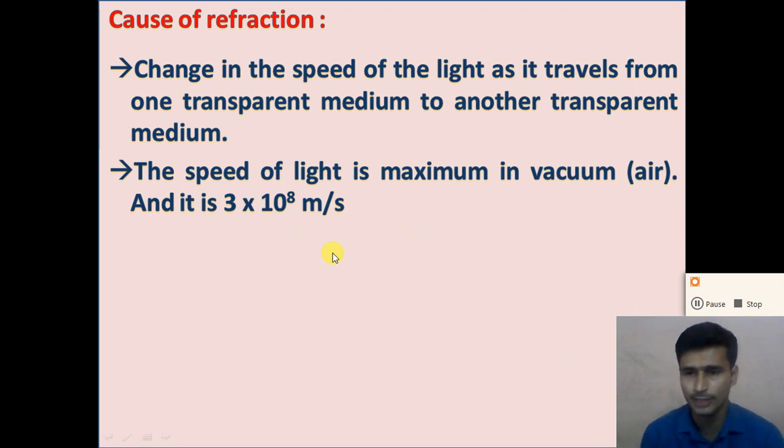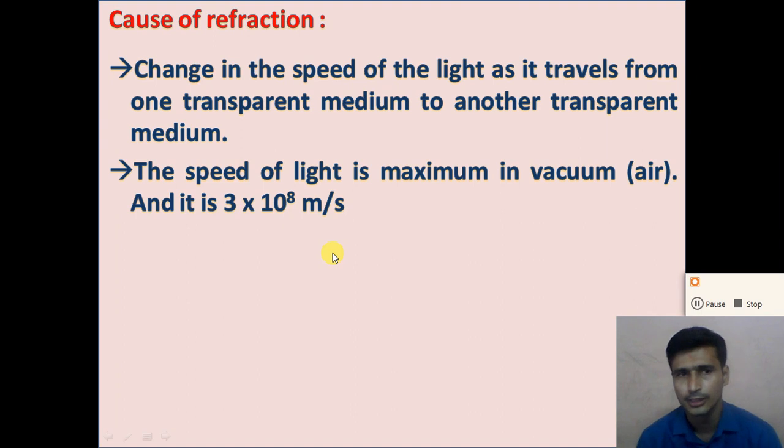When the ray of light passes from one transparent medium to another transparent medium, the ray of light changes its direction. So why do these changes occur, right? Due to the change in the speed of light as it travels from one transparent medium to another.